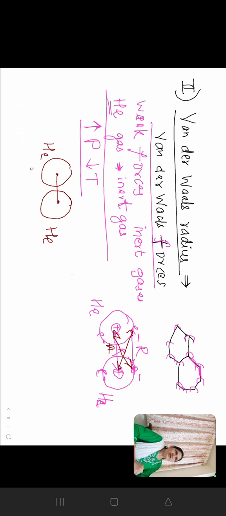But when they come maximum close to each other, at that point you have to measure the internuclear distance. So there is some limit for that. When we increase pressure and decrease temperature, they will come close to each other, and attractive forces start operating.